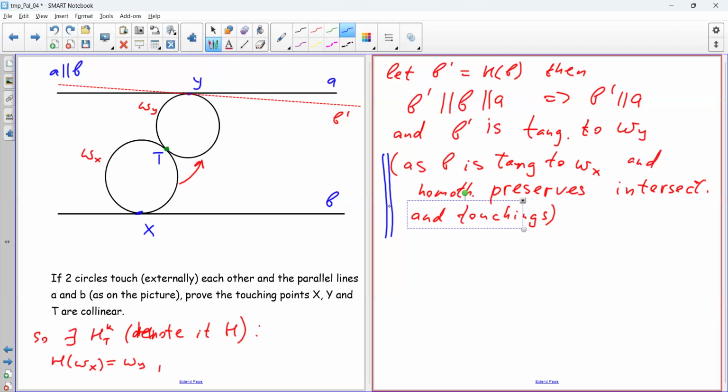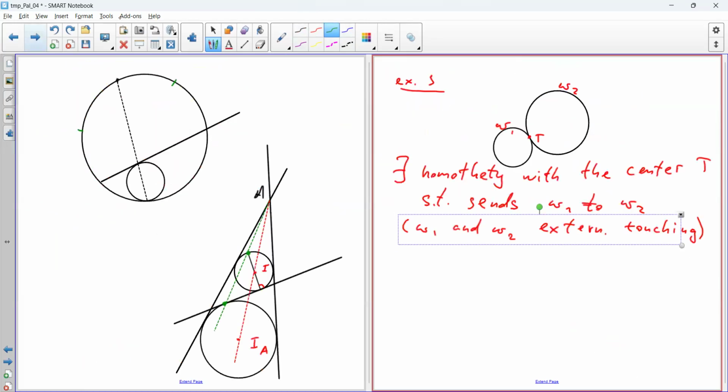If we had a pre-image of some object, this property is deeply related to the fact that if we have a non-degenerate, well-defined homothety, then there always exists the inverse homothety, which brings everything back. So that is another important exercise.